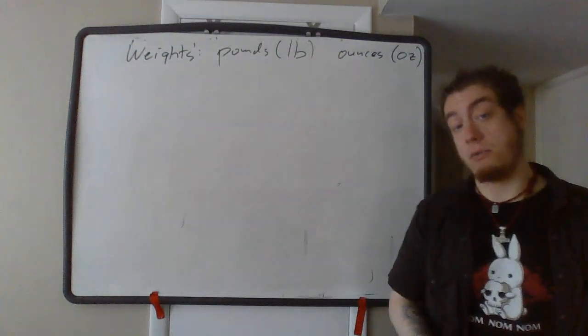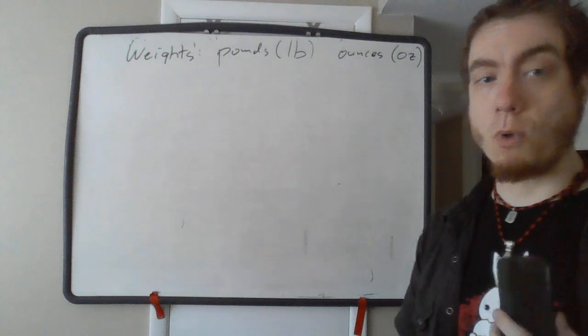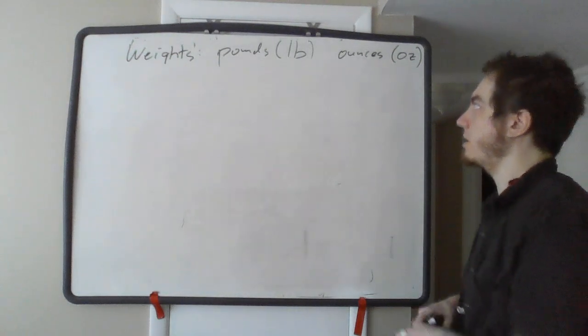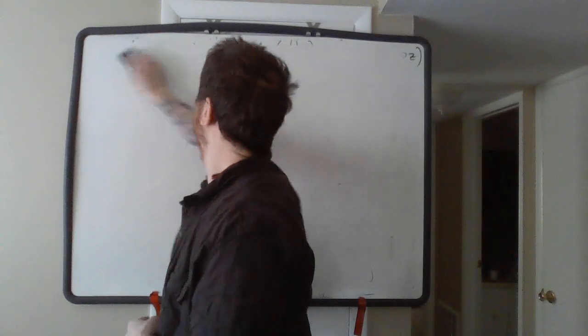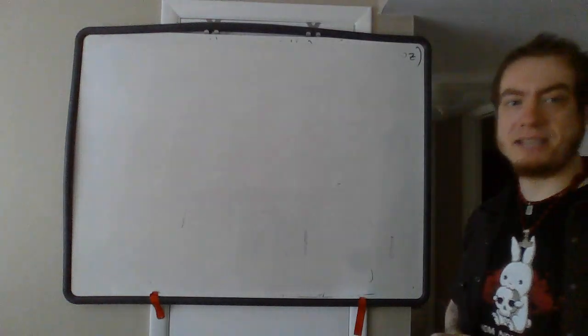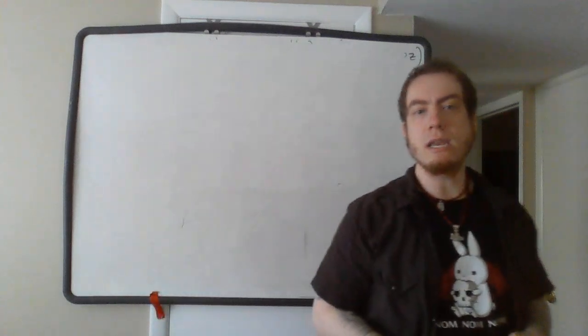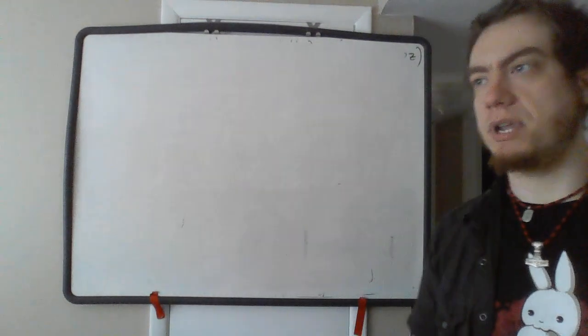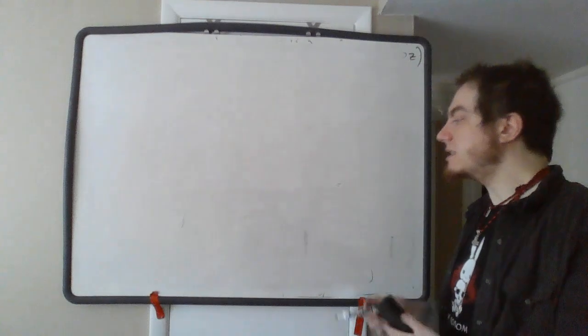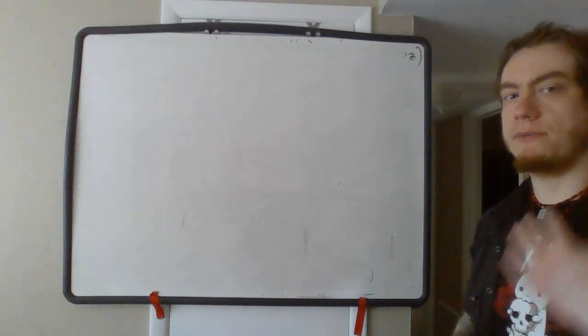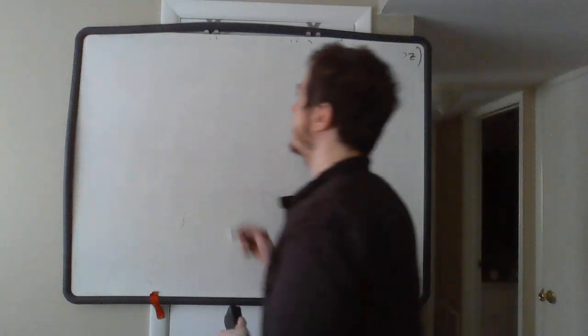And now let's take a look at some slightly more complicated examples here. In order to introduce these more complicated examples, I want to introduce the idea of converting between lots of different units. So just as an example, let's do inches, feet, and yards.